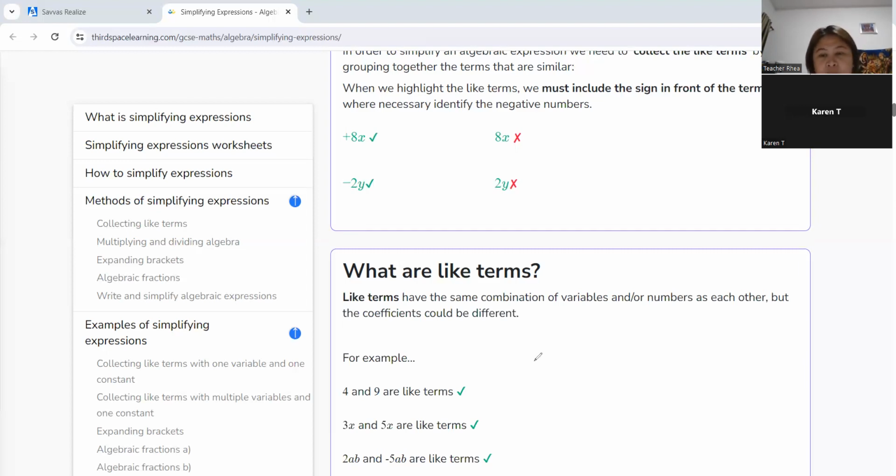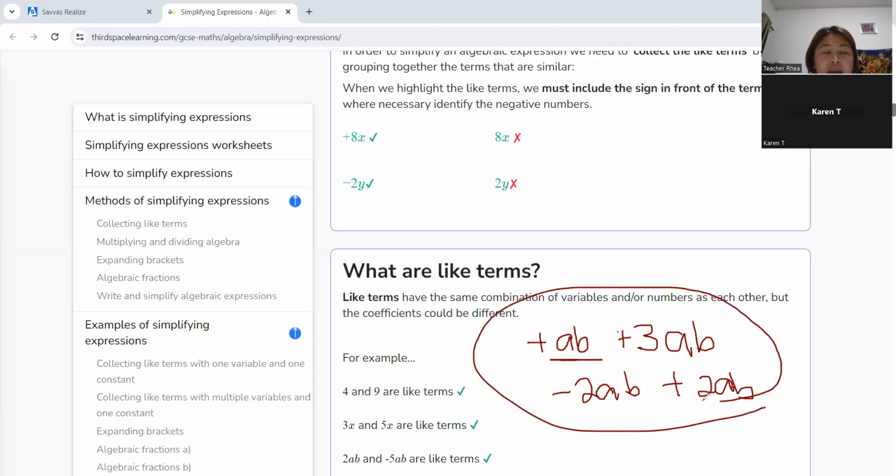So for example with AB, like terms would be 3AB, negative 2AB, and positive 2AB.